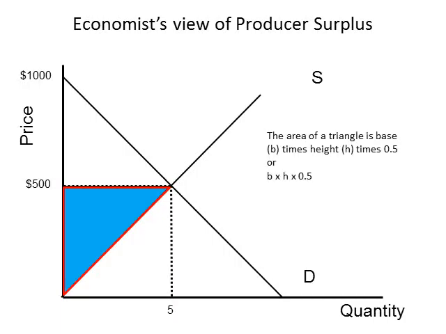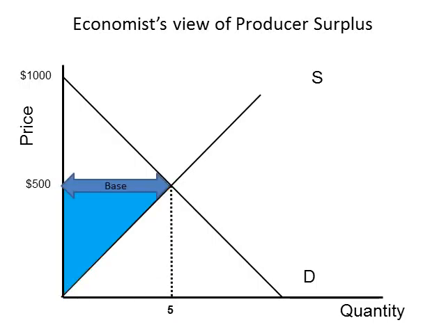As you may know, the area of a triangle is given by the formula base, represented by the letter B, times the height, represented by the letter H, times 1/2 or 0.5. The formula is often written as B times H times 1/2. The base of the triangle is the distance between 0 and the equilibrium point. The height of the triangle is the equilibrium price.